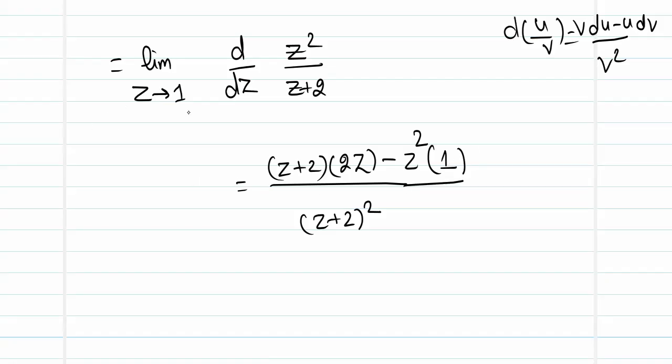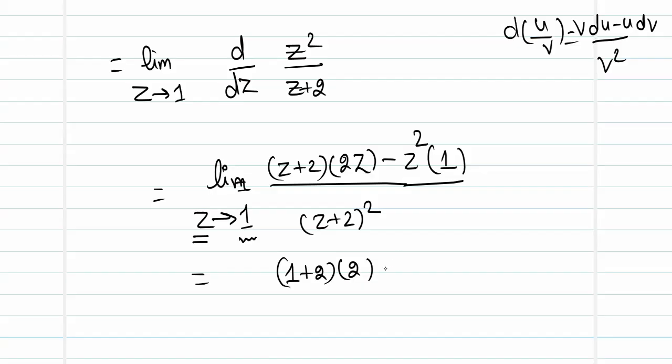Now what I have to do to my derivative? I will have to apply limit z tending to 1 to my derivative. When I apply limit z tending to 1, wherever I have z, that gets replaced by 1. So this becomes (1 plus 2) into 2 times 1 is 2, minus 1 the whole square, so that makes it as 1 divided by (1 plus 2) the whole square.